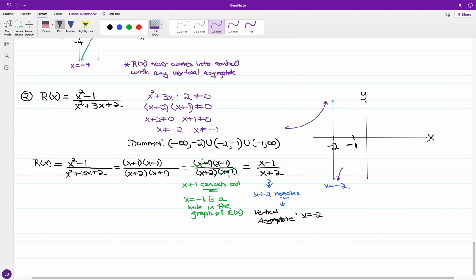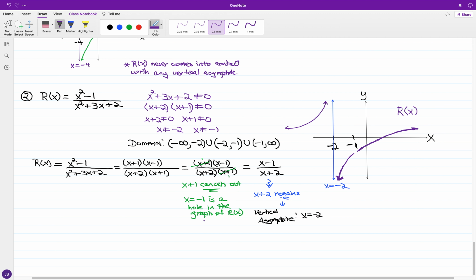Starting out, neither section touches the vertical asymptote. And as we get to x approaching negative 1, we have these sections of r of x. Again, we have a vertical asymptote at x equals negative 2.